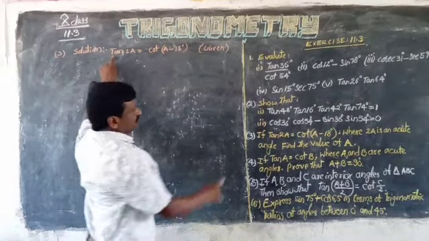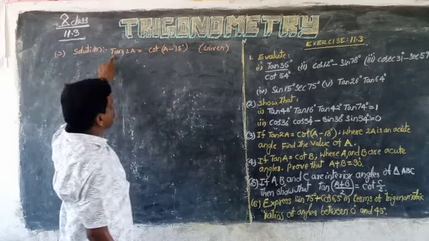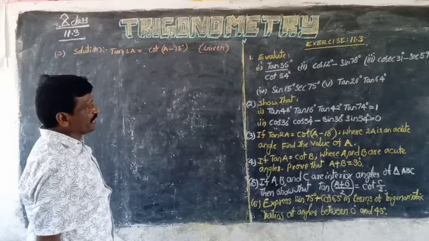Third sum: tan 2A is equal to cot(A minus 18 degrees), where 2A is an acute angle.